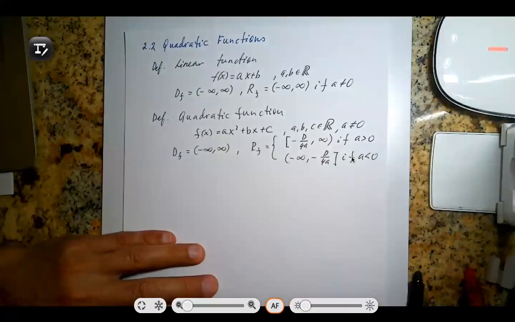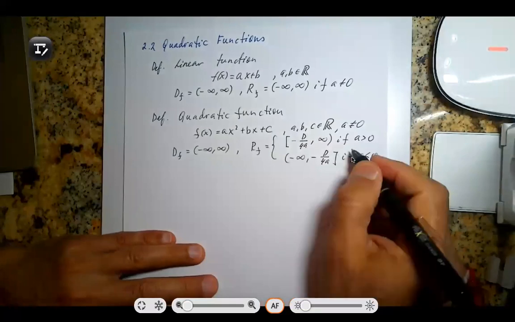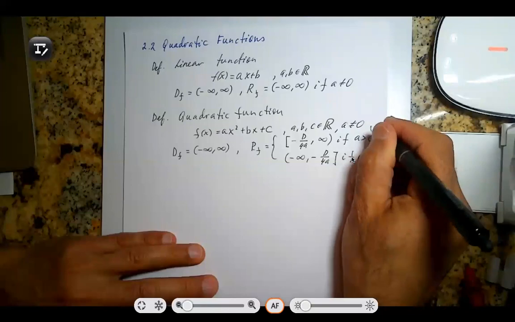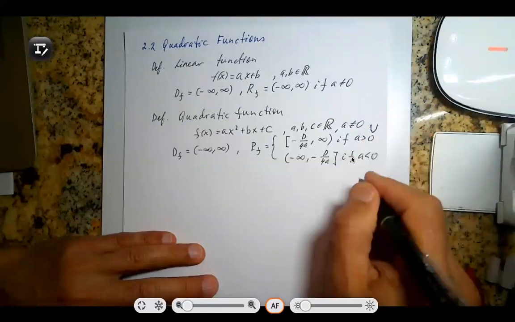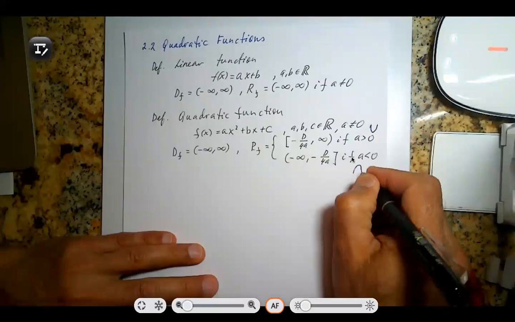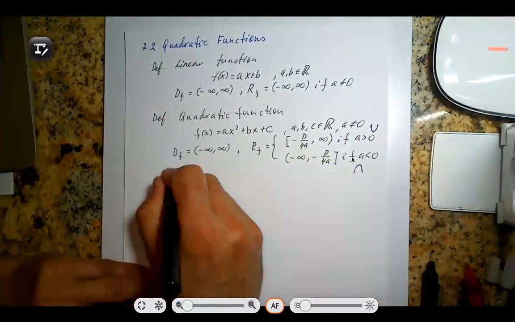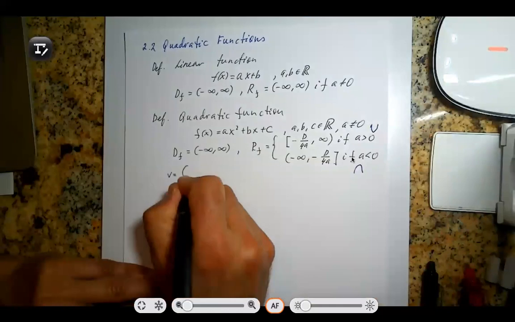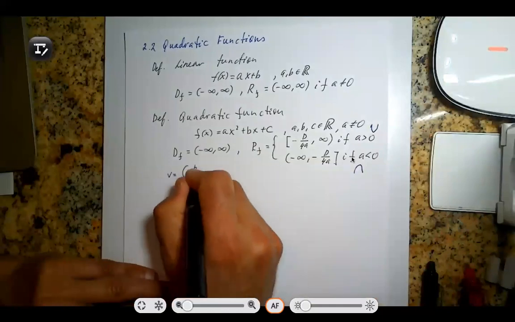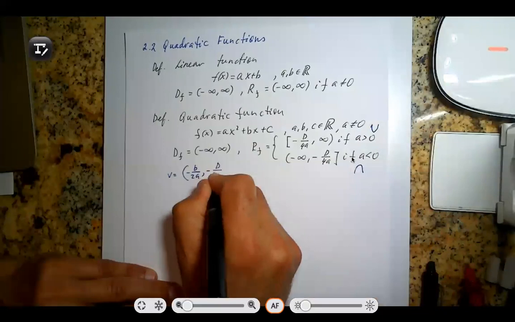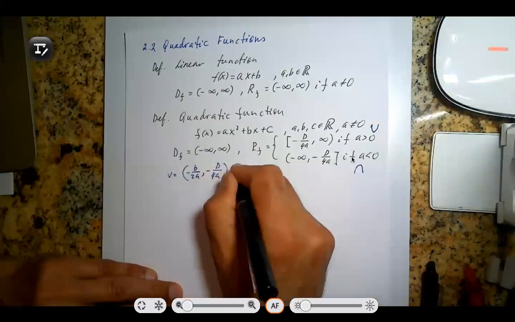So in this case, the graph is a parabola, opens up. In this case, opens down. Let's remind the vertex: negative b over 2a, negative d over 4a, vertex of the parabola.